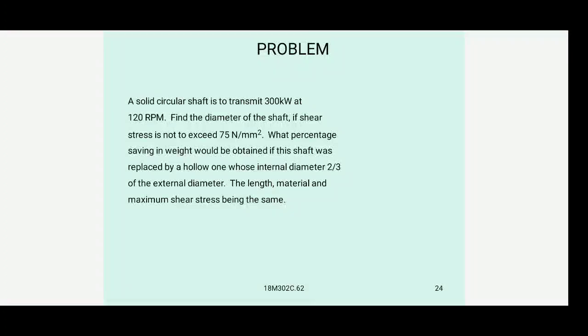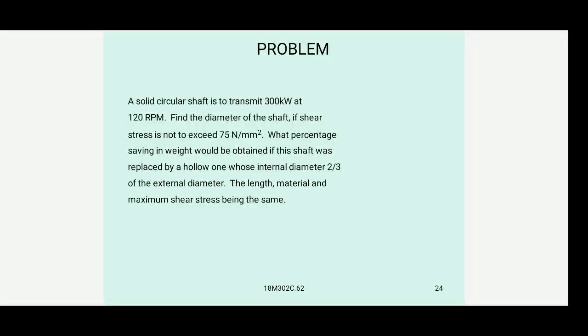Next problem. A solid circular shaft is to transmit 3000 kilowatts at 120 rpm. Find the diameter of the shaft if stress is not to exceed 75 Newton per mm square.